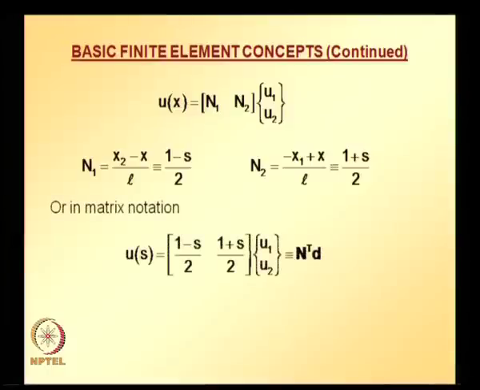In a matrix notation, substituting N1 N2 values, in a compact notation this vector (1 minus s)/2, (1 plus s)/2 is denoted using N transpose, that is N transpose comprises of N1 N2, and d vector is nothing but all the nodal values u1 u2.